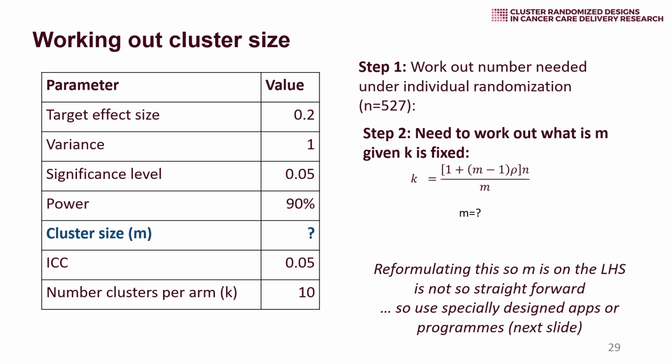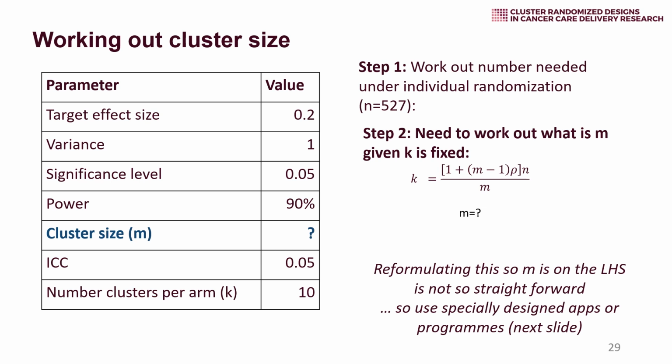Let's suppose we set the significance level to be 0.05, power at 90%. Now suppose that rather than fix the cluster size, we fix the number of clusters per arm. And the ICC is fixed at 0.05, the first value that we used in our examples. The question now becomes, what is the required cluster size given that we have 10 clusters per arm?